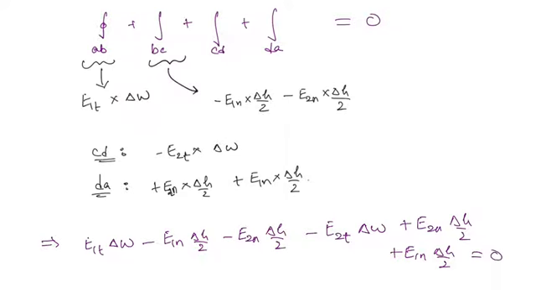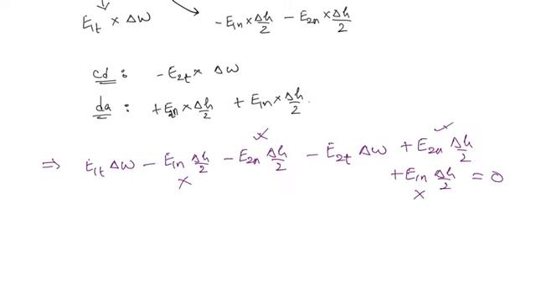All this is 0. Okay, so here you can see this E2n and minus E2n delta H by 2, they will get cancelled. Similarly, E1n delta H by 2, here you have plus E1n, here you have negative, so they will also get cancelled. So what are the left out components here? E1t delta W minus E2t delta W. So what is the final expression that you're going to get?